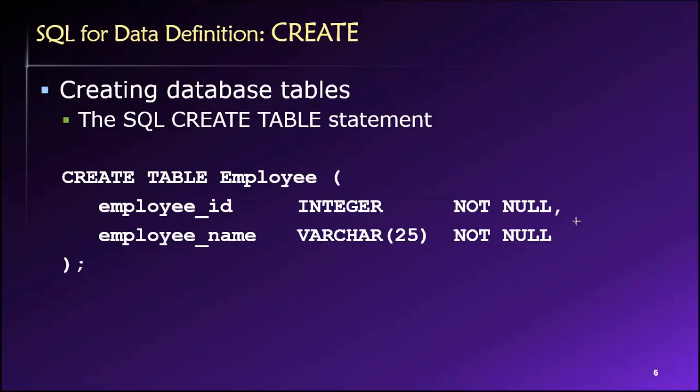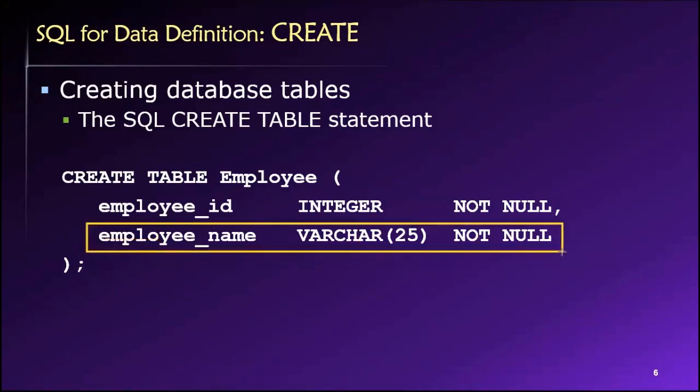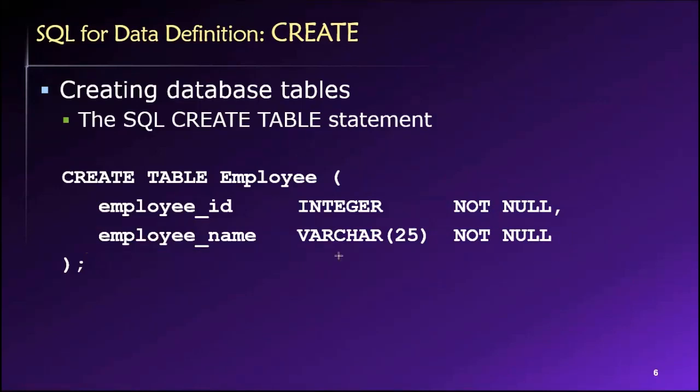Then you can see we have a comma followed by the details for our next attribute, which in this case is an attribute or a column named employee name. And we can see we're using a varchar data type here. This is a variable length character string, and we're specifying a maximum size of 25 characters.